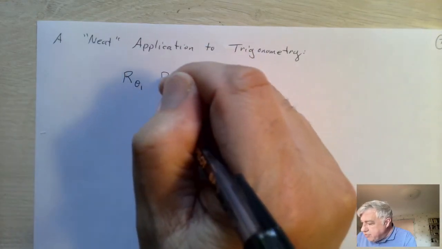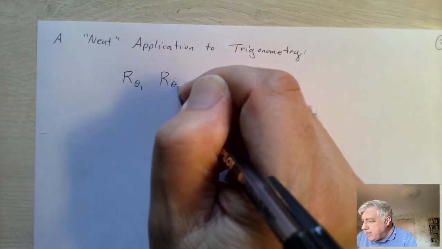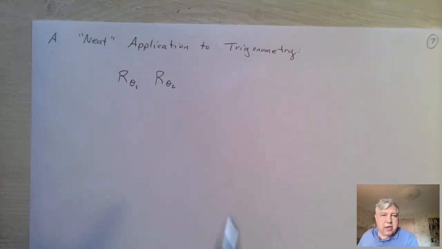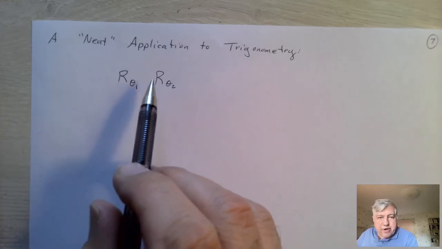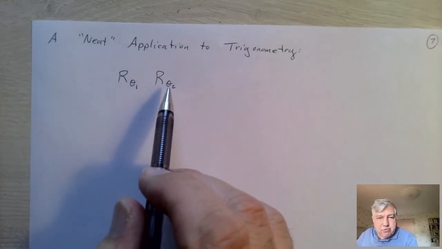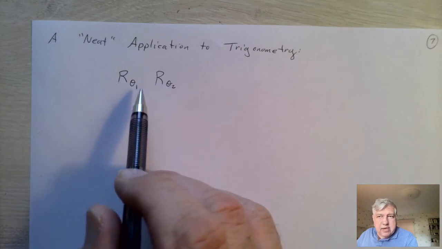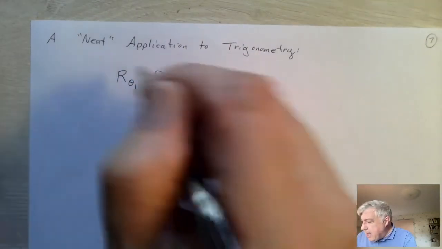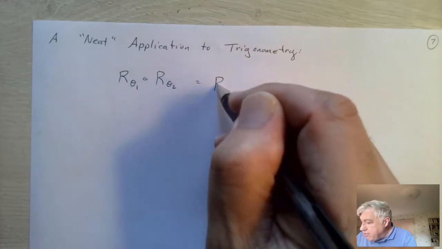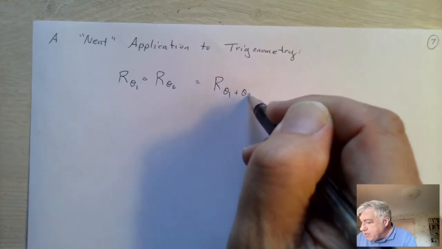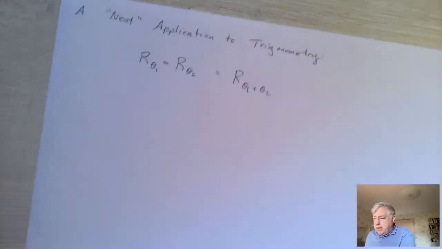So let's say we have two rotations, r theta 1 and r theta 2. If we rotate something through theta 2 degrees and then rotate it through theta 1 degrees, that's the same thing as rotating it through theta 1 plus theta 2 degrees, right?